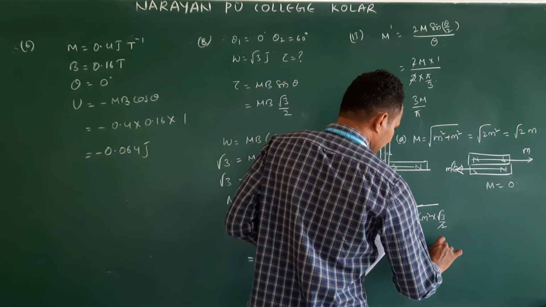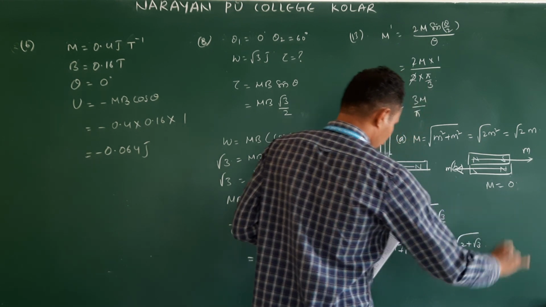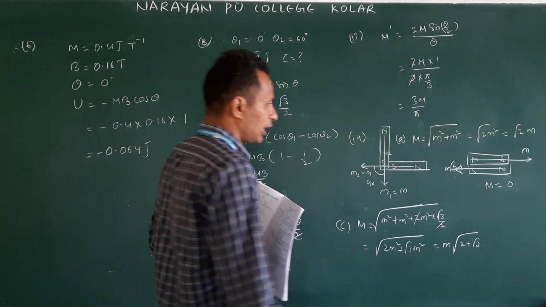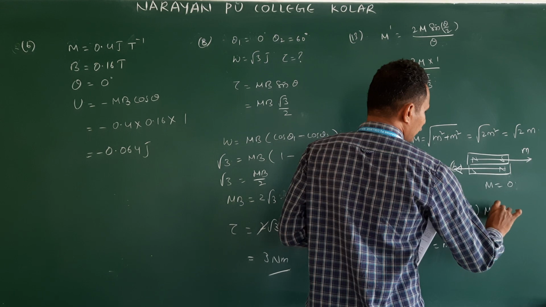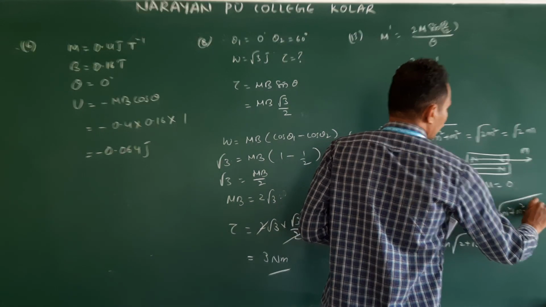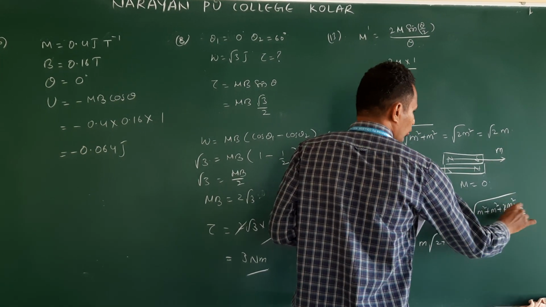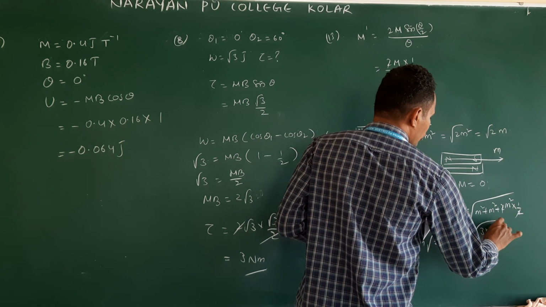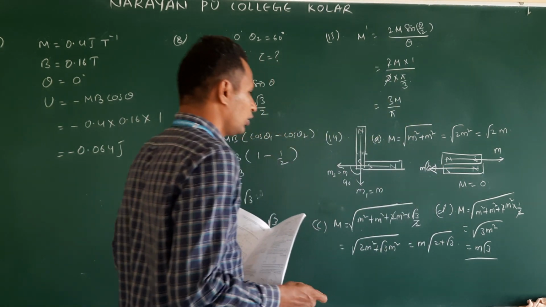If M square is taken common, it is M into root of (2 plus root 3). Next, option D, 60 degrees. M is under root of M square plus M square plus 2M square into 1 by 2, since cos 60 is 1 by 2. The 2 cancels. This is 3M square, so M comes out as root 3. Clear?